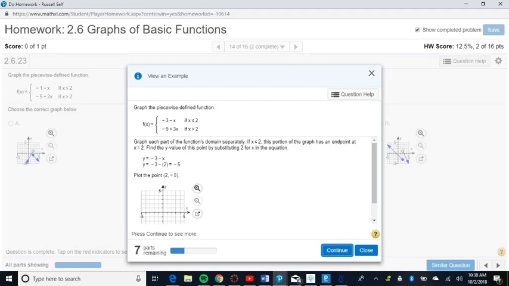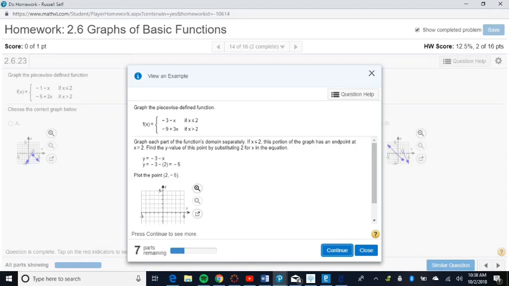So we know it has an endpoint where x is 2. Okay, we know it exists, so what we'll do is we'll plug that function into the graph to find the rest of that endpoint, because remember, every point doesn't have just an x, it also has to have a y as well.